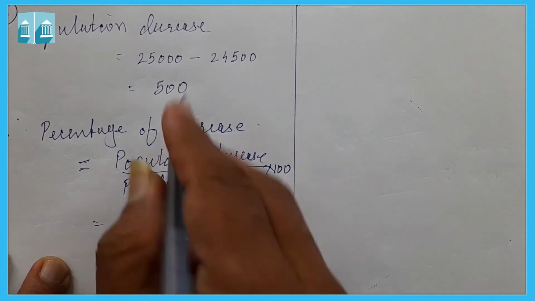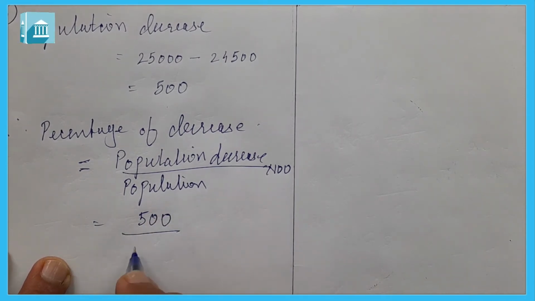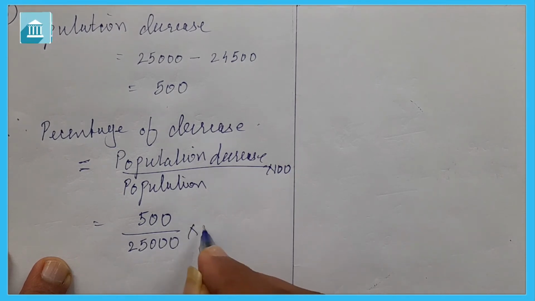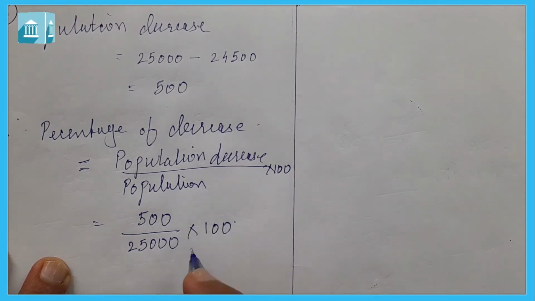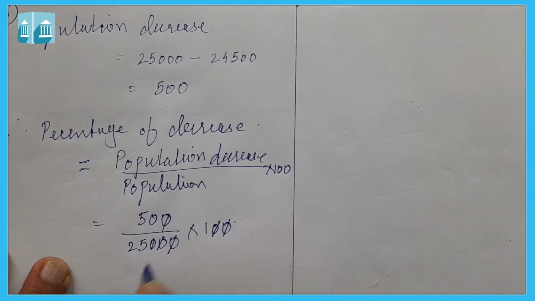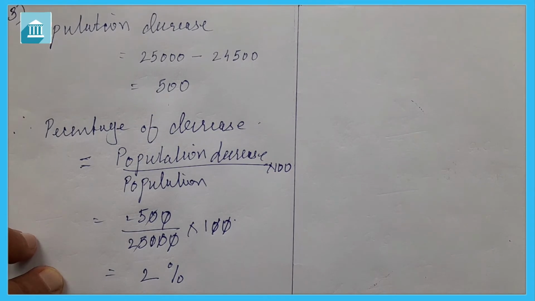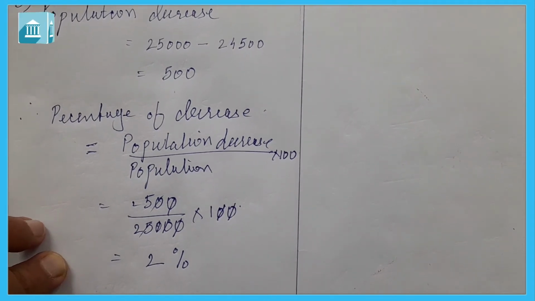Population decrease is 500, and before it decreased the population was 25,000, multiplied by 100. Now this zero, this zero, this cut, 25 into 2, that is 2. So we can say that 2% of the population is decreased.